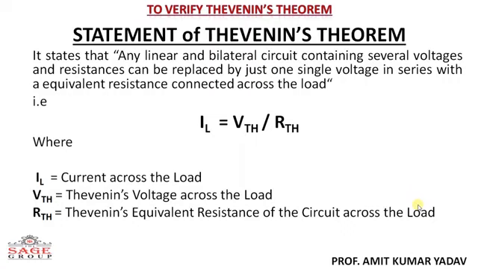So for doing these things in a simplified form, we can use this Thevenin theorem, because by using this Thevenin theorem you can very simply calculate the current of any particular load connected anywhere in the complex network. So this is the main significance of this theorem.